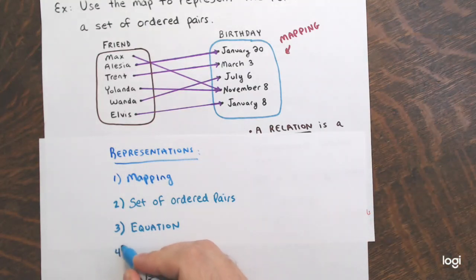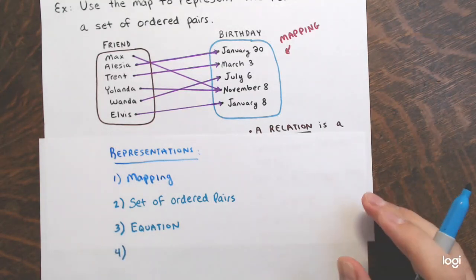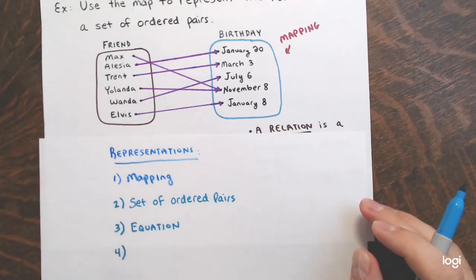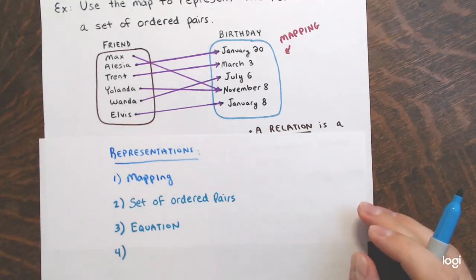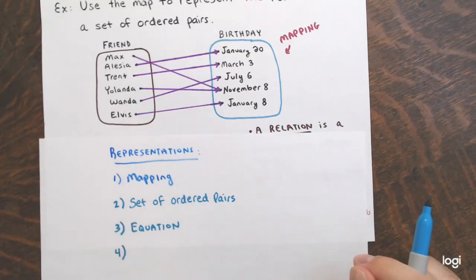And then lastly, these are the main four representations here. I'm sure there are others, but we're not going to come across too many of them in my talks here, in this intermediate algebra stuff.